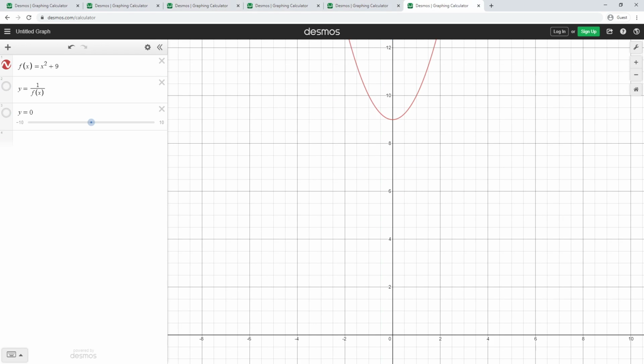So here's the x squared plus 9 graph in red, the reciprocal graph. And the asymptote underneath. So here's the y-intercept, 0 and then 1 over 9.